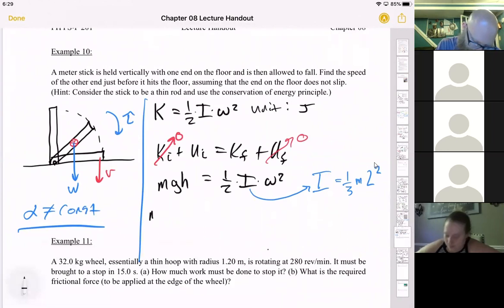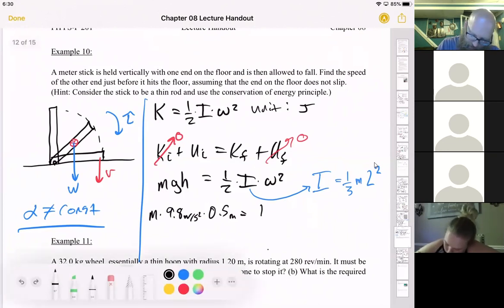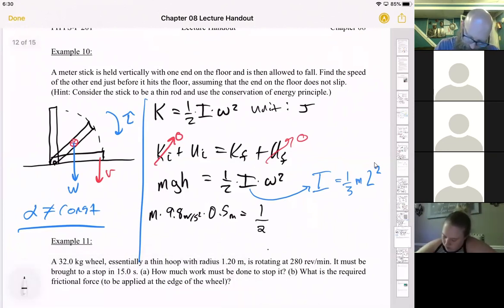So mass times 9.8 meters per second squared times 0.5 meters equals half. It's the worst half I've ever written. Half times 1/3 ml squared times omega squared. But I'm not looking for omega. I'm looking for the velocity of the end of this thing.